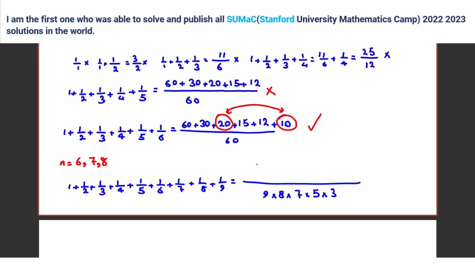Now, if we can simplify, the numerator should be a multiple of 2 or 3 or 5 or 7. The numerator should be a multiple of 3 or 2 or 7 or 5, right? Yeah. Is the numerator a multiple of 2 or not?